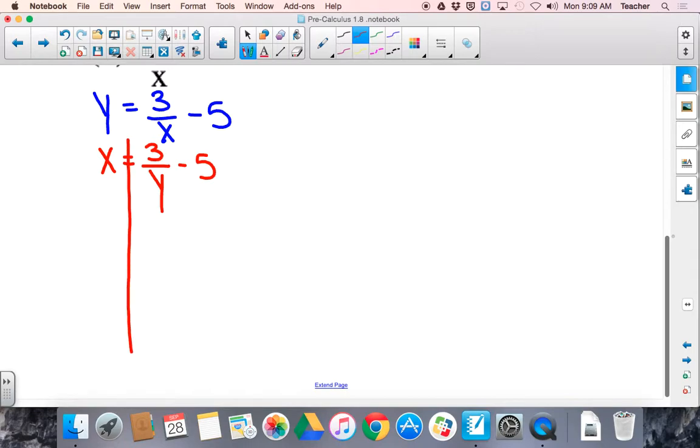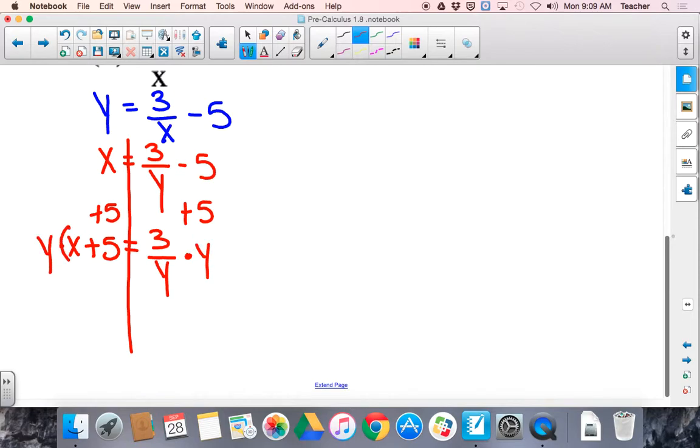Solve for y, so the first thing I'm going to do is add 5 to both sides. And then at this point, you would undo that division by multiplying by y.